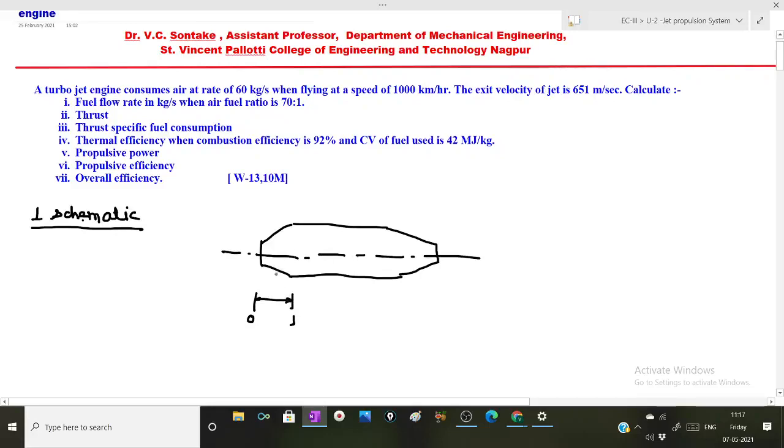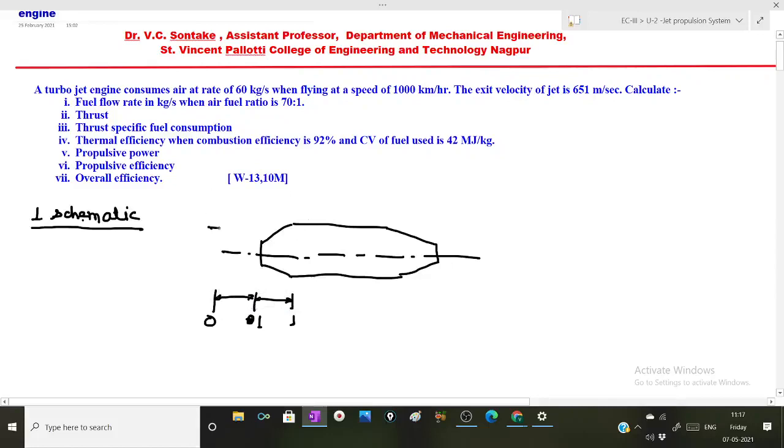This 0 to 1 represents process in a diffuser.